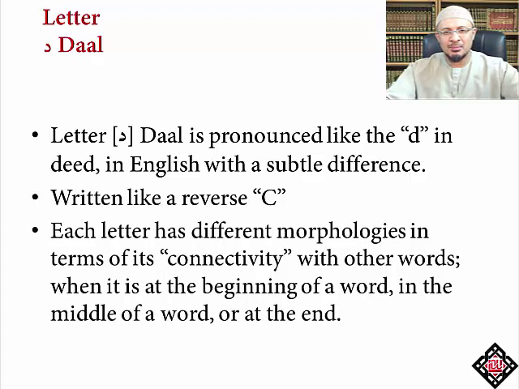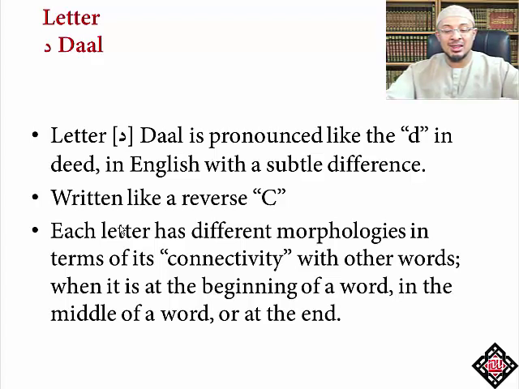Now, in Arabic, letters have slightly varying morphologies in terms of three situations. Number one is when the letter in question is the first letter of a word, and its morphology can be different, or usually is different when it is the middle letter of a word, and its morphology can also be distinct if it is the last letter of a word.